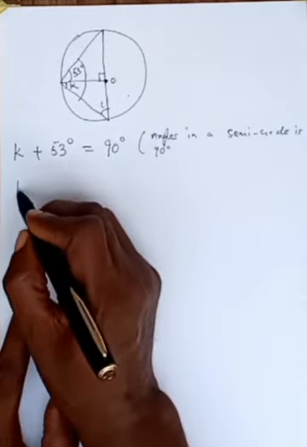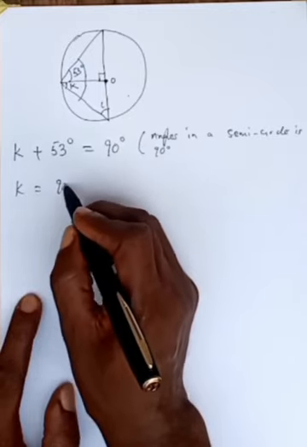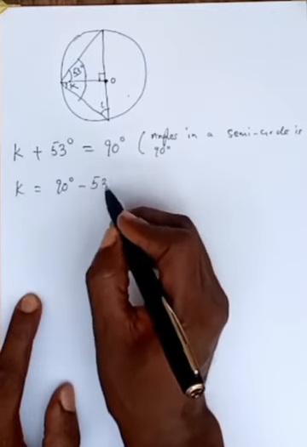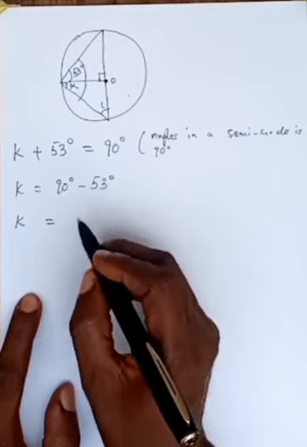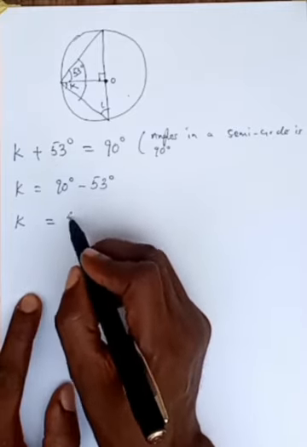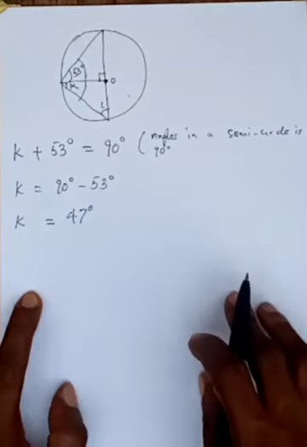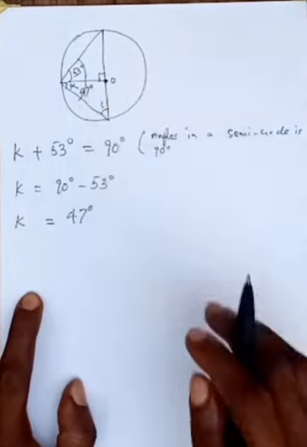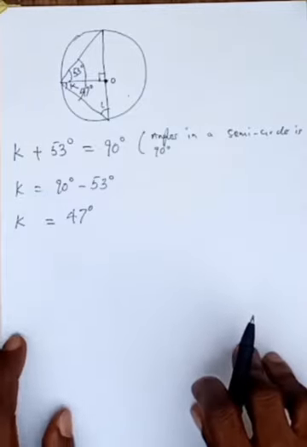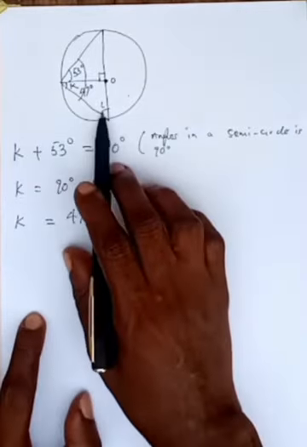So K here becomes 90 degrees minus 53 degrees, and K gives the value of 47 degrees. So that's the value of K. The value can be inserted here, that is 47 degrees. Now the next thing is to determine the value of L.